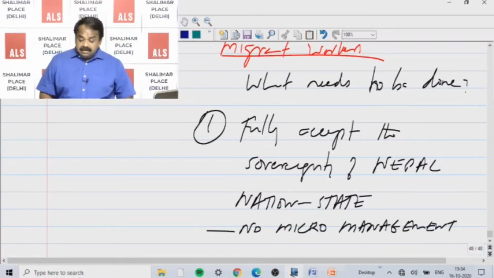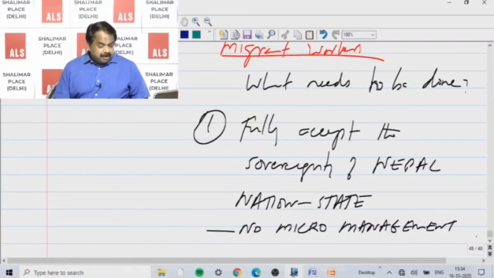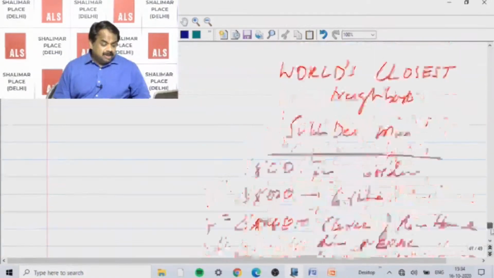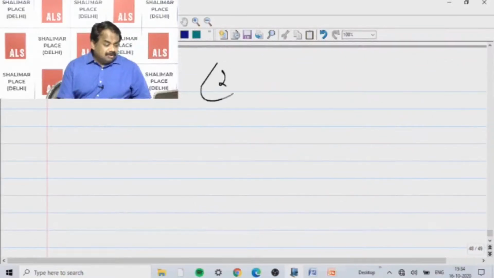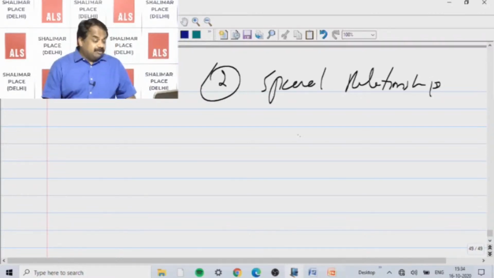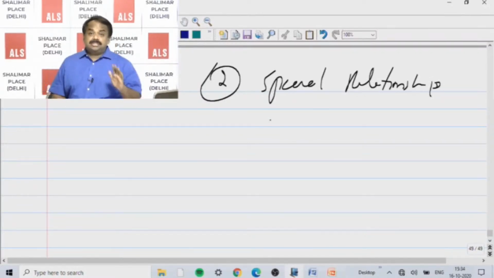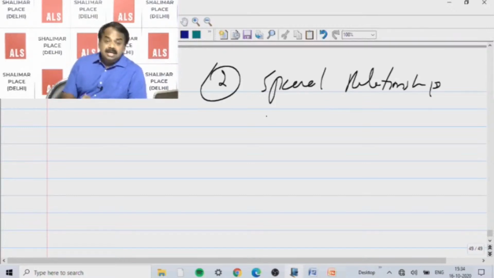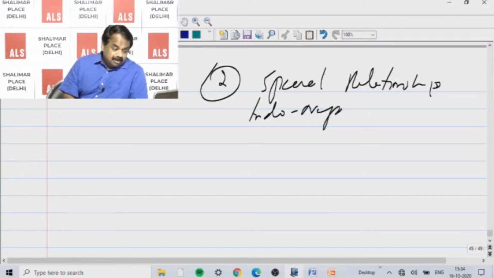Okay, and the second point is the special relationship, or the Indo-Nepal Friendship Treaty of 1950. It is much maligned, or rather it is hated by Nepalis today.